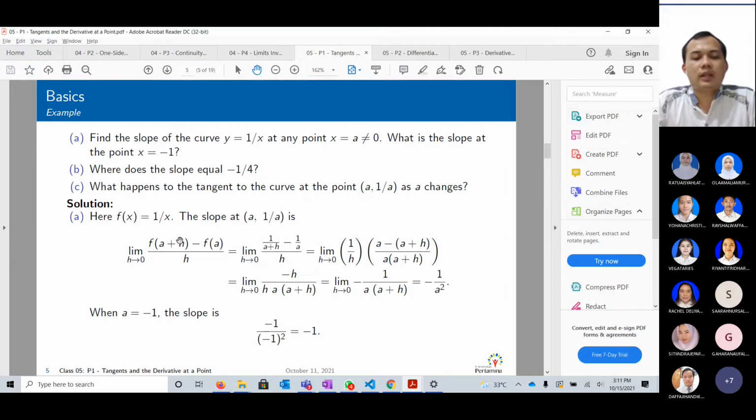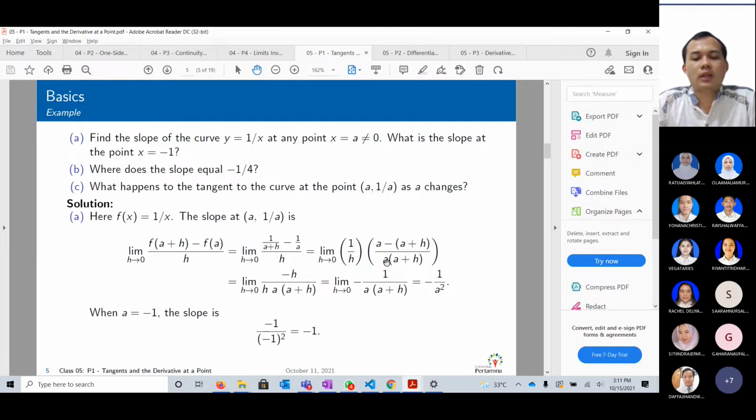Here you see that f(a plus h) is 1 over a plus h, and minus f(a) is 1 over a, all over h. And then we do some manipulations. In the end, we cancel the h.